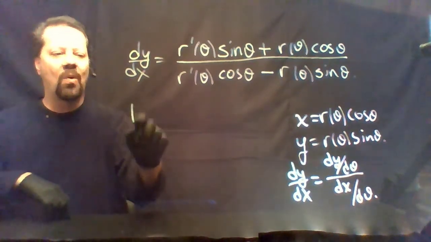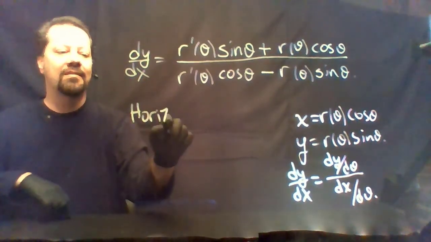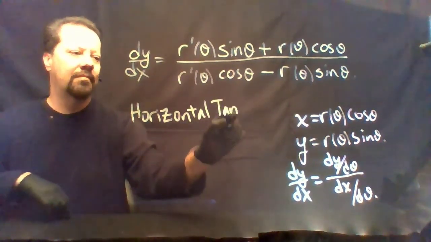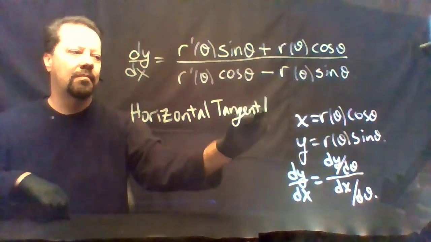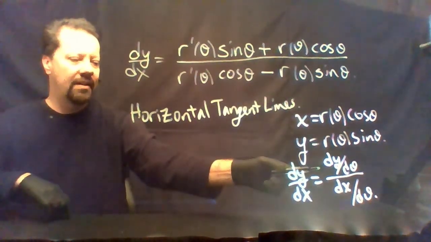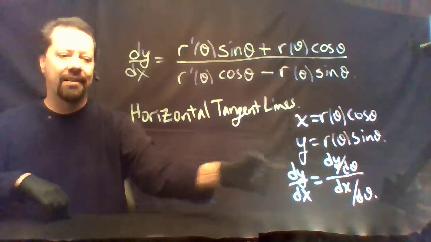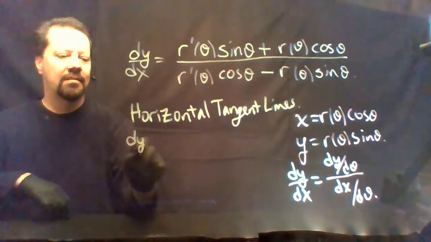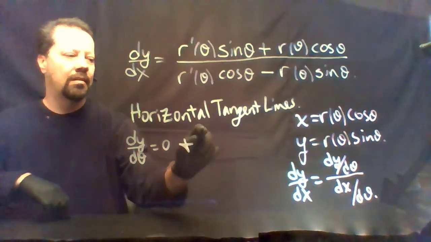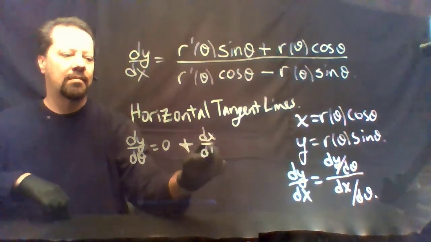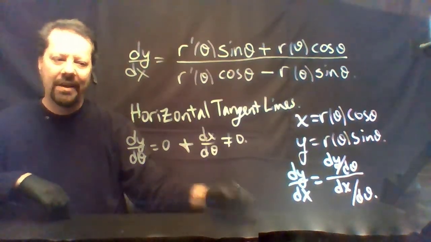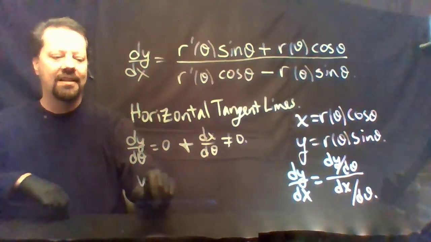Where are the horizontal tangent lines? They'll occur when the numerator is 0 but the denominator is not. Where do we get vertical tangent lines?